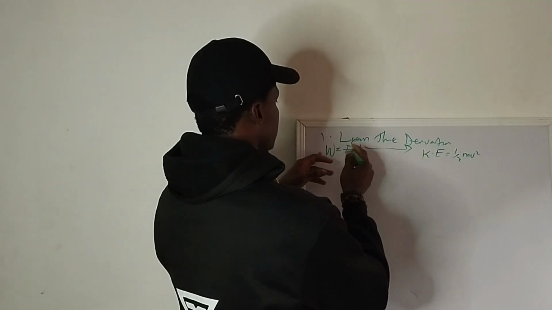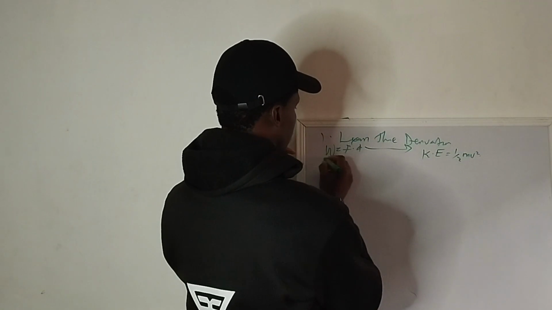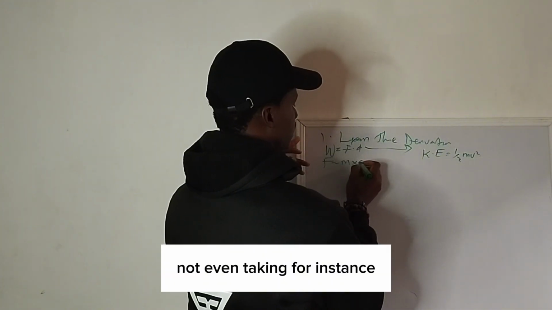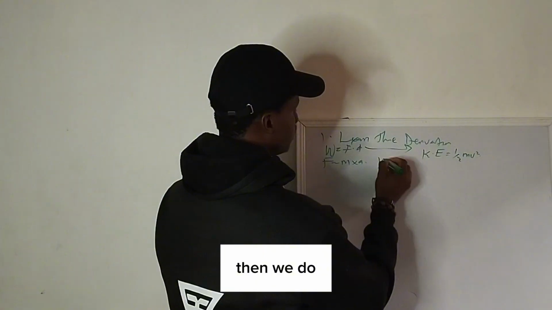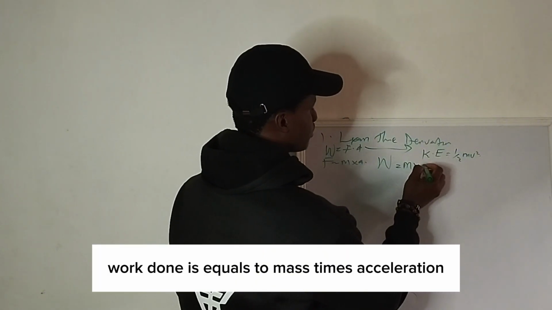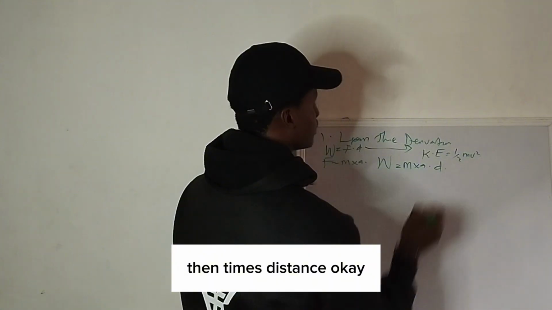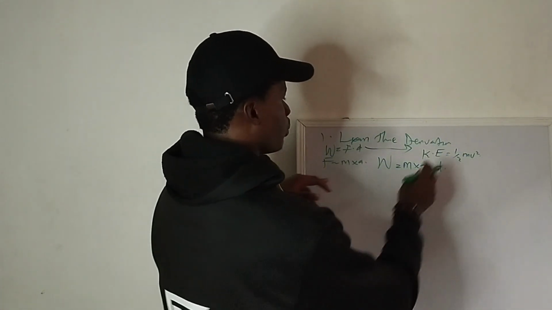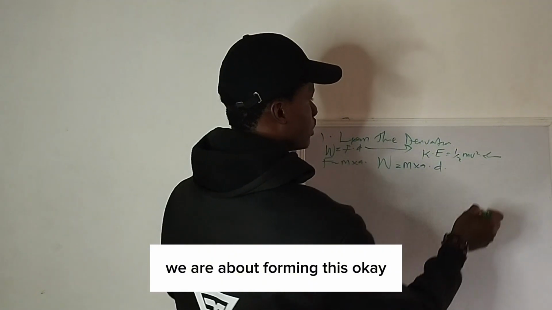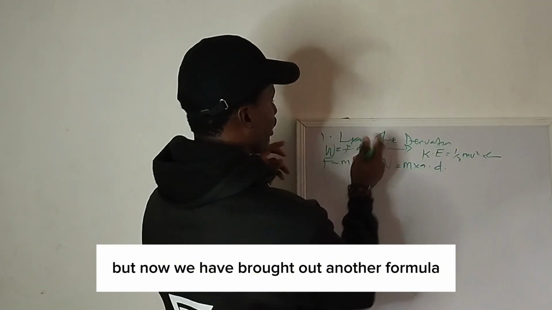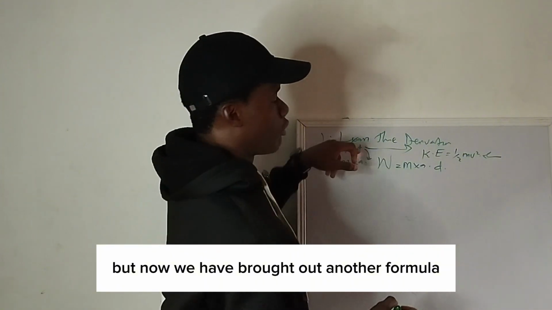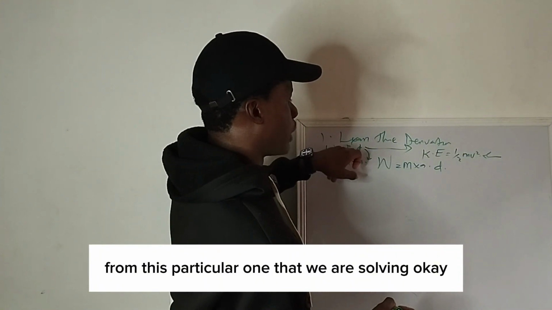Take for instance force, which is mass times acceleration. Then work done is equal to mass times acceleration, then times distance. Now we have brought out another formula from this particular one that we are solving.